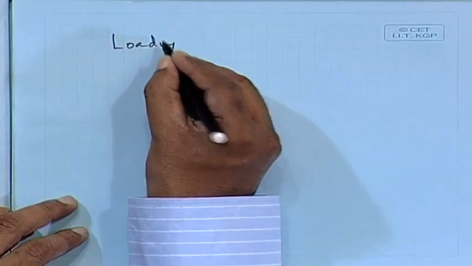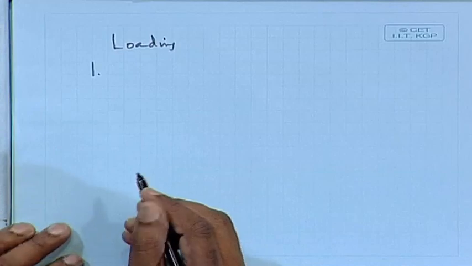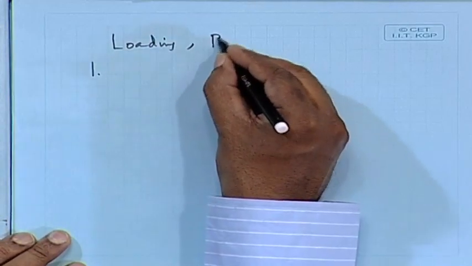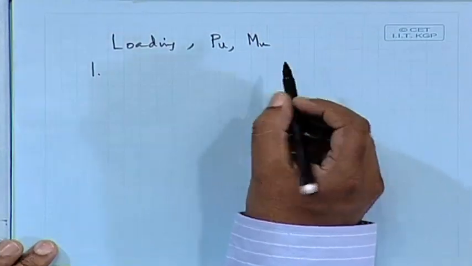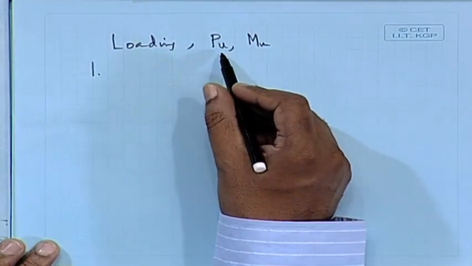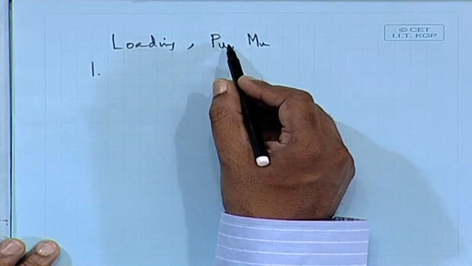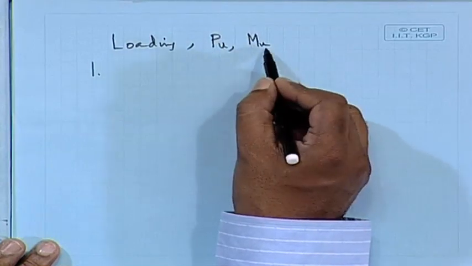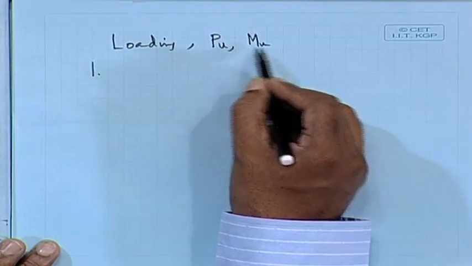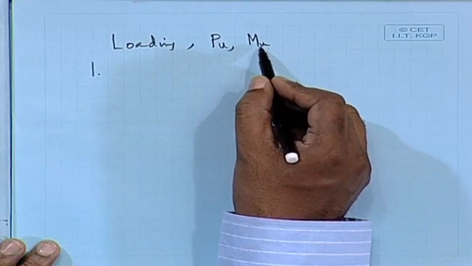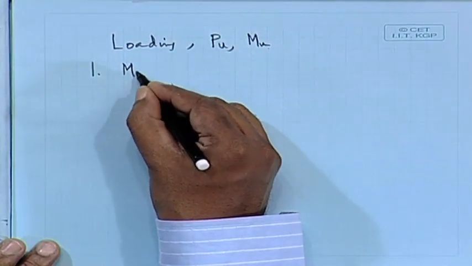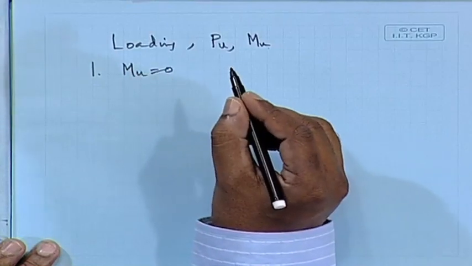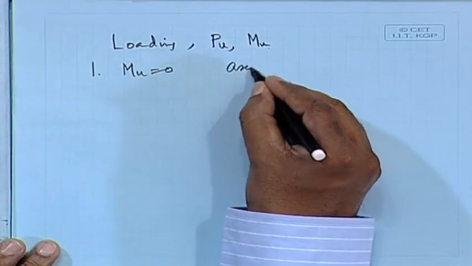Depending on the loading, what are the loadings? We have Pu and Mu, where Mu is the ultimate moment and Pu is the design axial load. If we have to design this, we have to provide a section. One case we can have is Mu equal to 0, that means axially loaded.